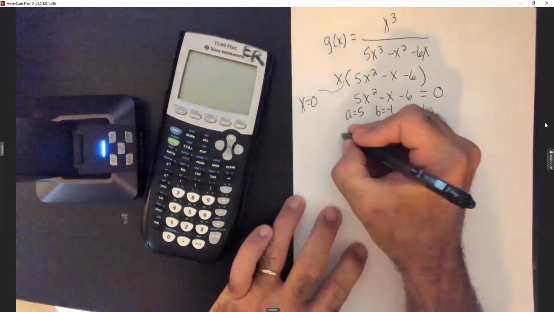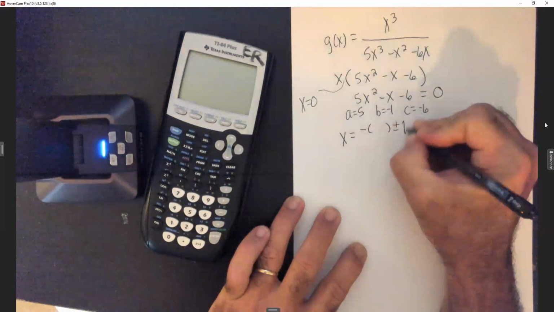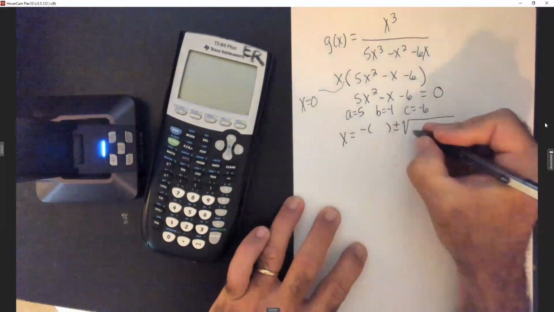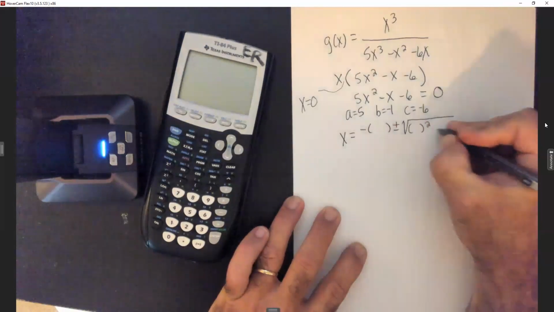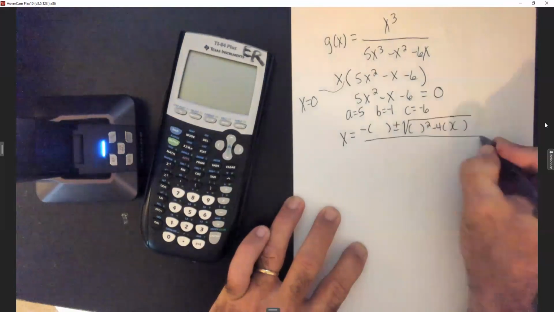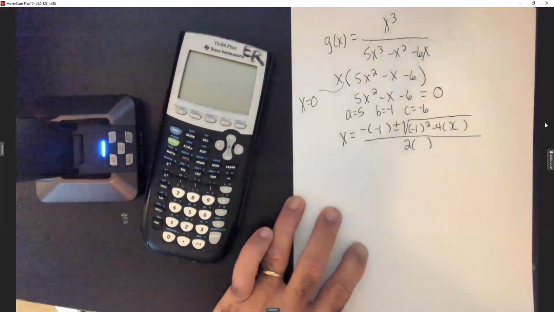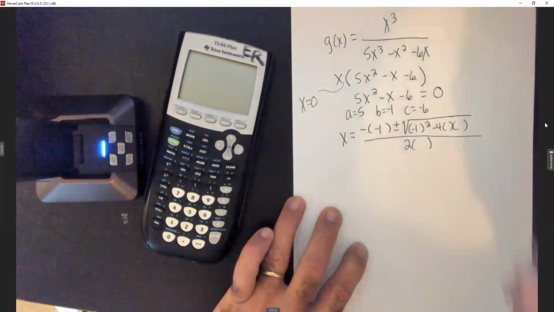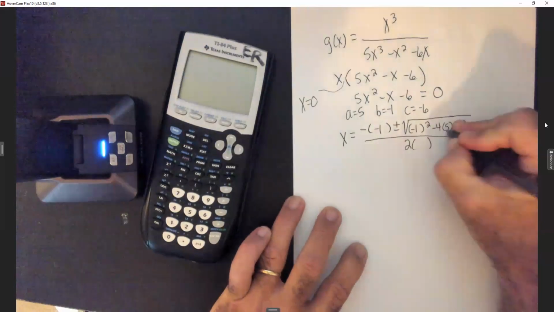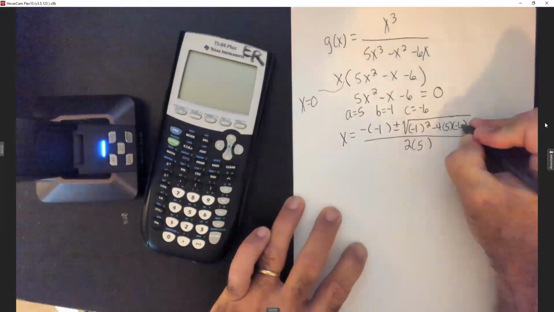So it's x equals -b plus or minus square root of b squared minus 4 times a times c all over 2 times a. So b was -1. I put that in for those two. A was 5, so that goes on top and bottom. And then c was -6.